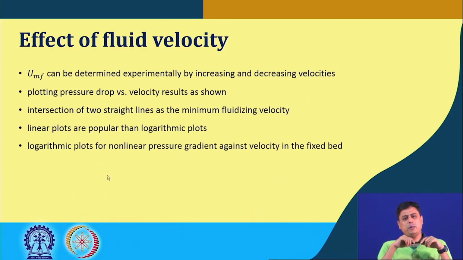Practically, while increasing and while decreasing the superficial velocity, we get these two pressure drop lines. When we find the best linear fit, the intersection between the two lines is detected as the minimum fluidizing velocity.